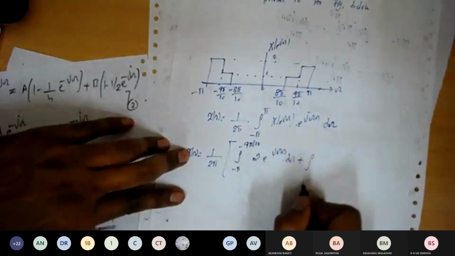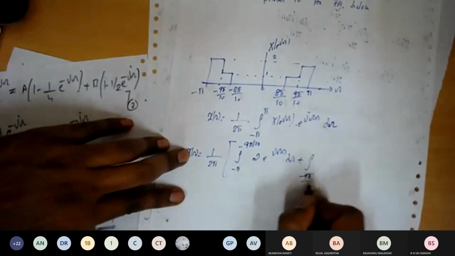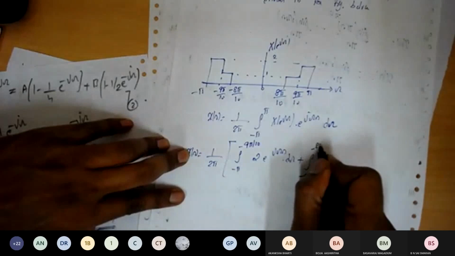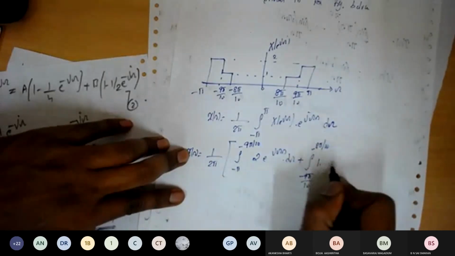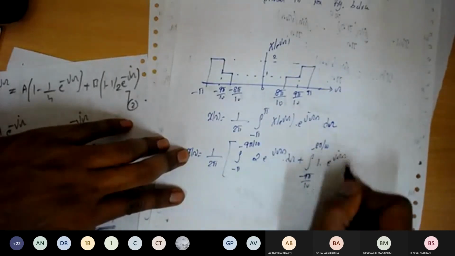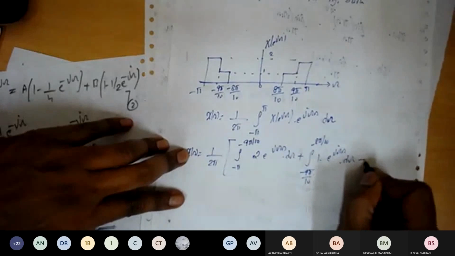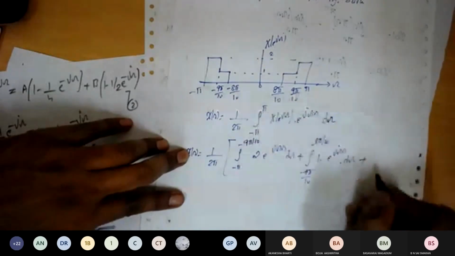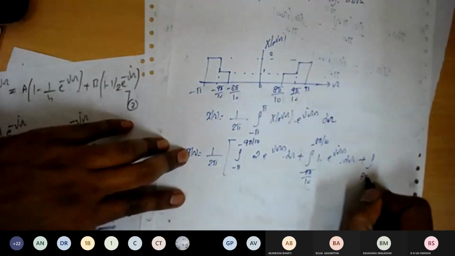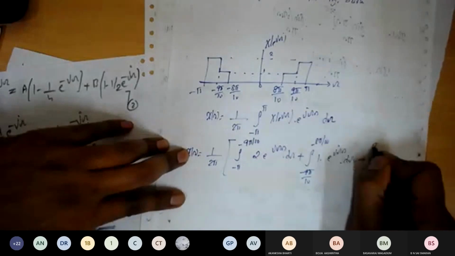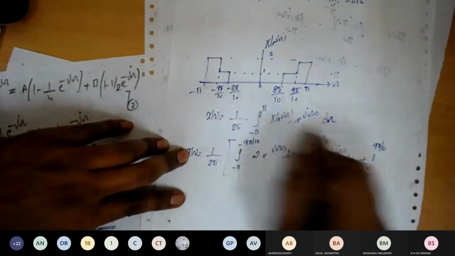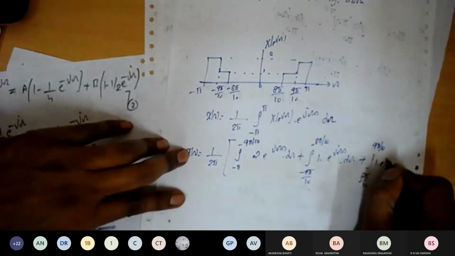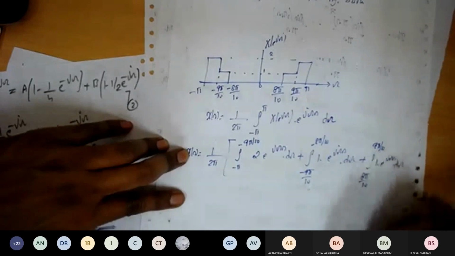The second integral part is from minus 9 pi by 10 to minus 8 pi by 10. The value is 1 into e to the power of j omega n d omega, plus again the integral from 8 pi by 10 to 9 pi by 10, the value is 1 into e to the power of j omega n d omega.